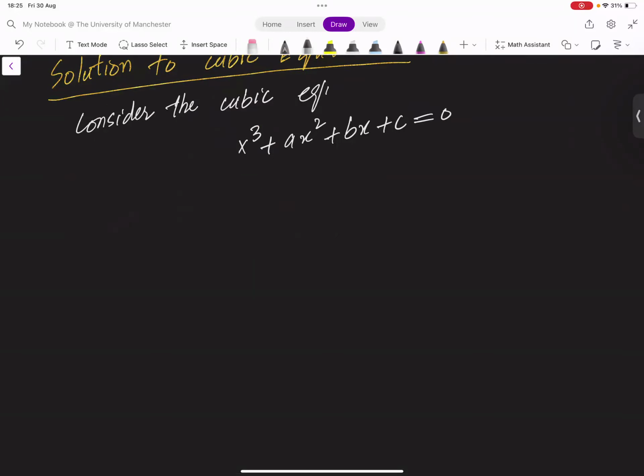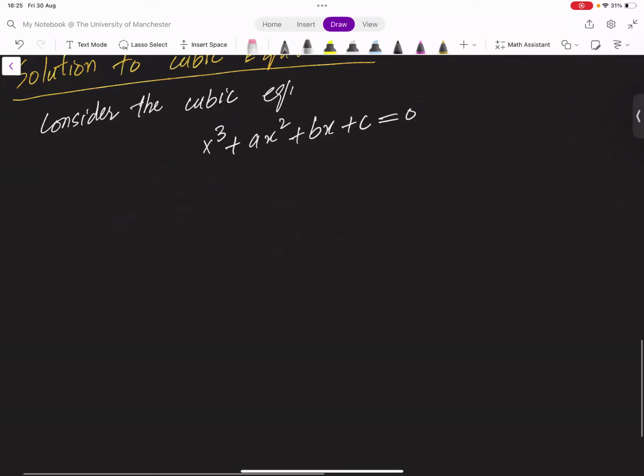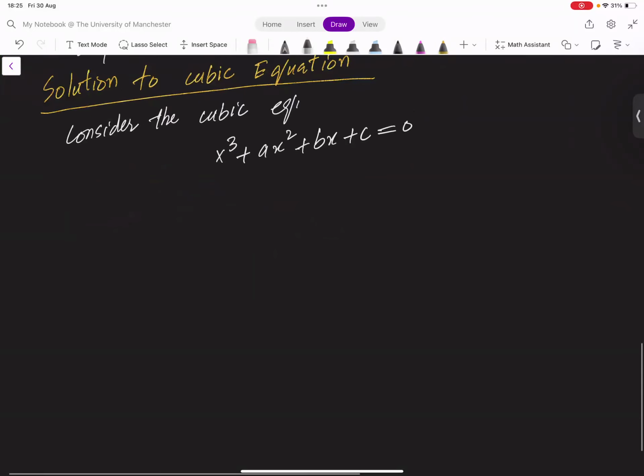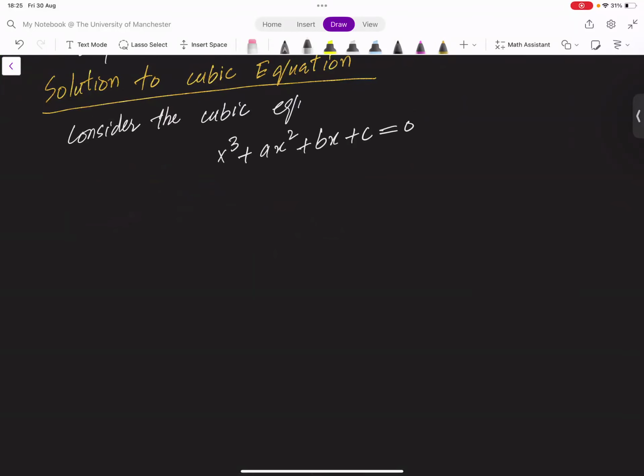This is equation star, or 7.1. The first step is to get rid of the x square term.